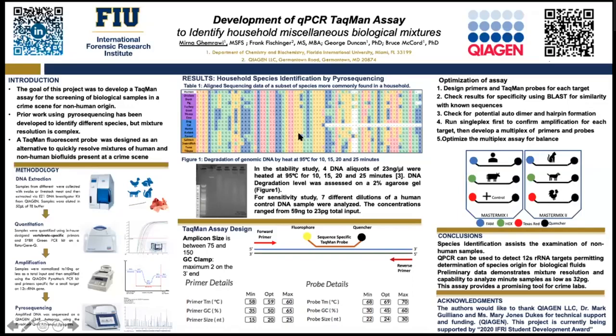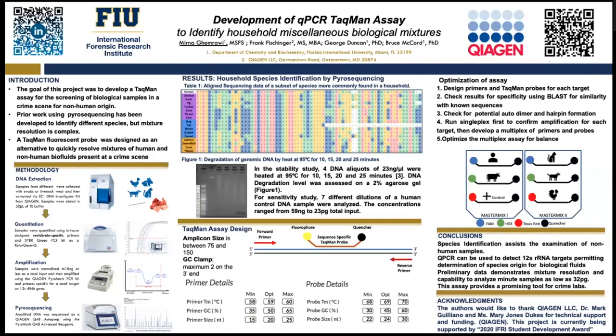With this stability test, we took different types of DNA samples that we heated on a heat block at 95 degrees Celsius, which is a pretty high temperature, for different times, from 10 minutes up to 25 minutes. You can see in this gel picture the degradation level of the DNA, so it's pretty degraded. And still, when we sequenced those samples, we got completely positive, clear results.